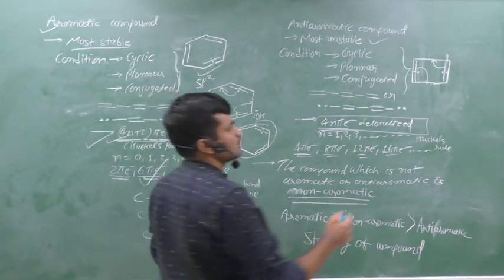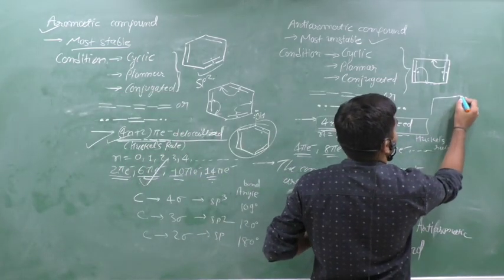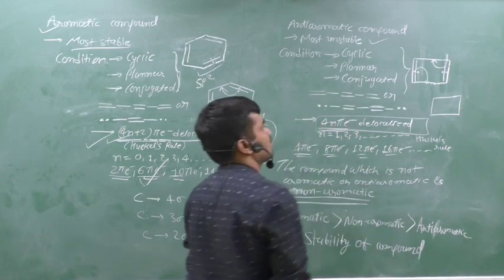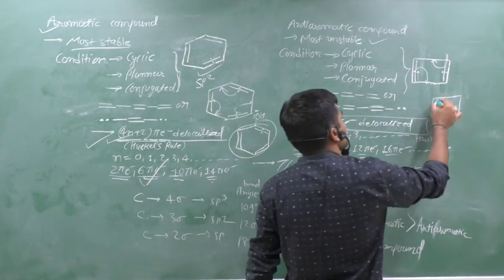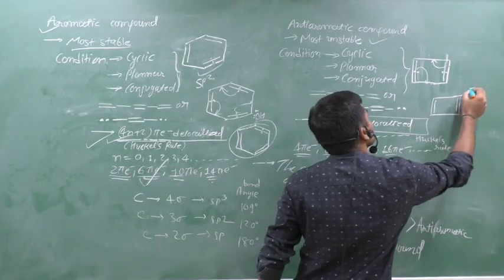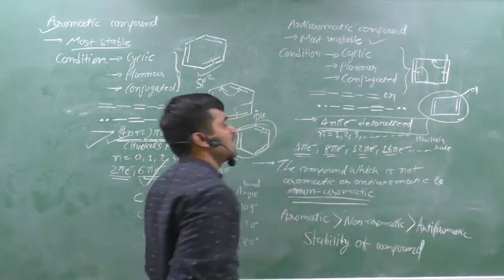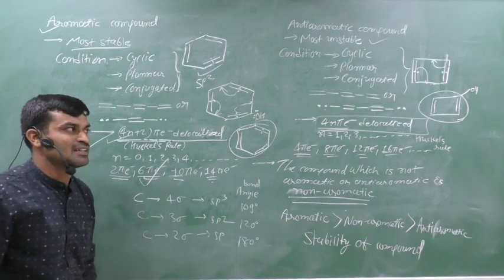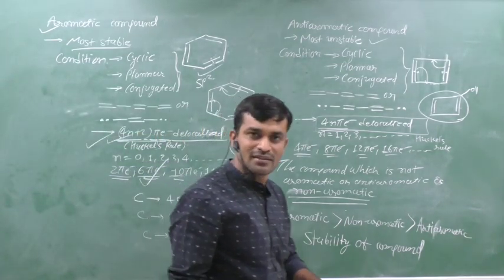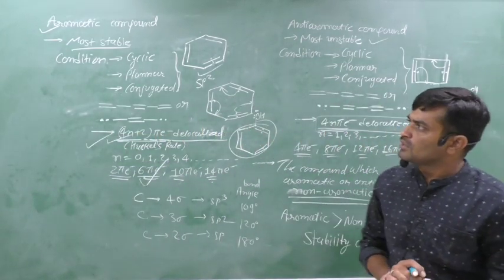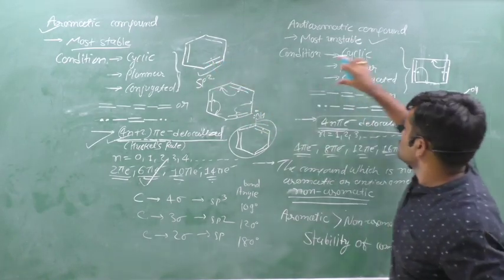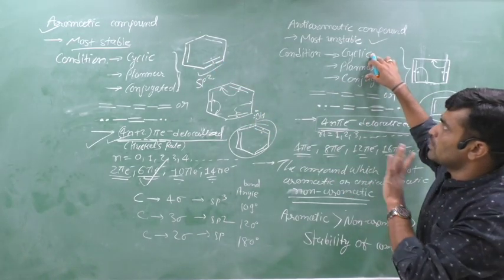And this compound is formed in the previous examples of tautomerism. We can say that it is anti-aromatic, which is least stable, and therefore it is not formed. Clear? If any compound does not follow these three conditions, then it is not aromatic or anti-aromatic.